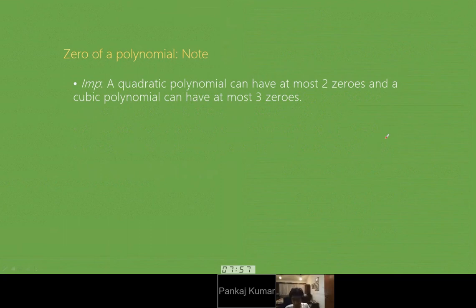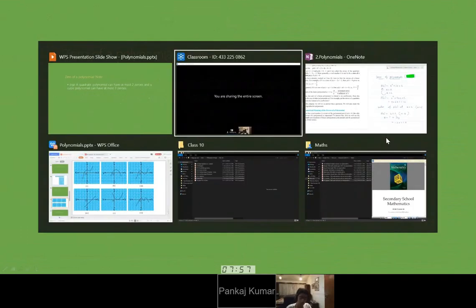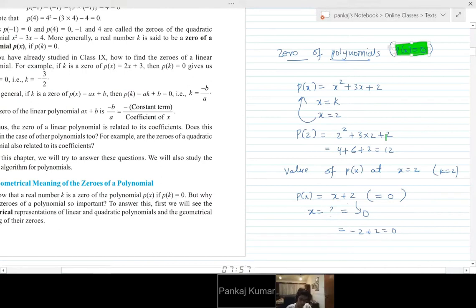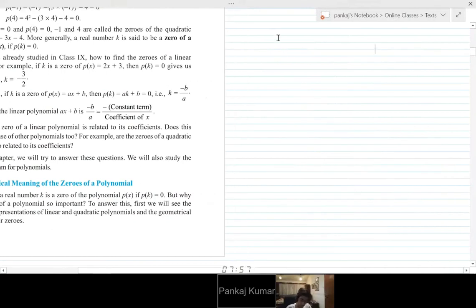Now you can note this down also. In case of a linear polynomial, we can have at most 1 zero.